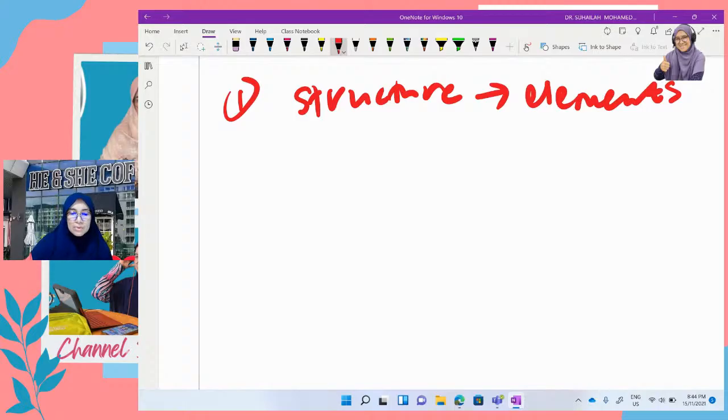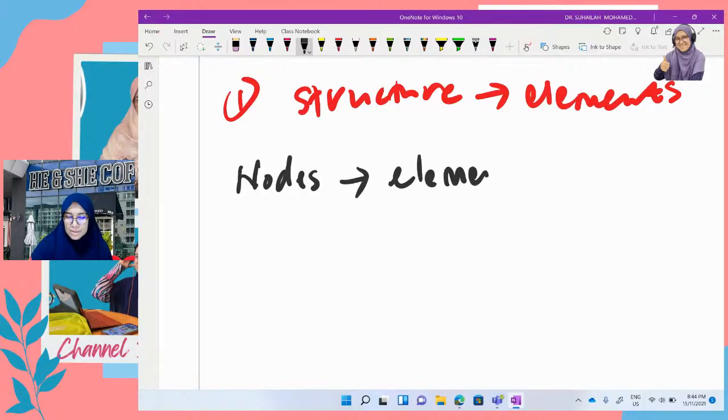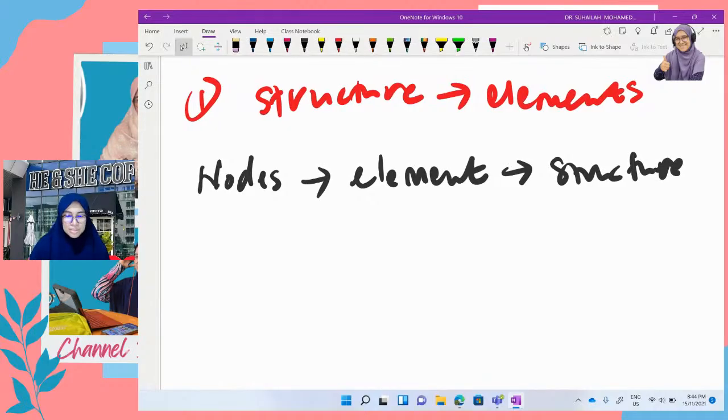Analysis will start from nodes. Combine nodes to produce elements, and combine elements to produce the structure.